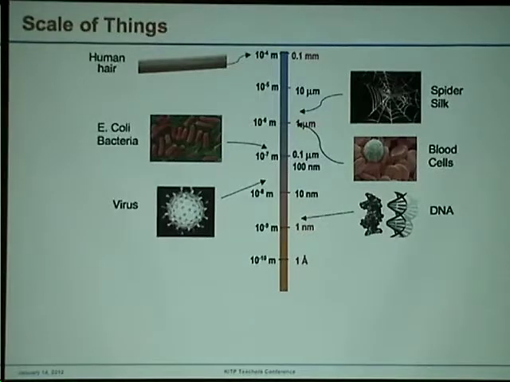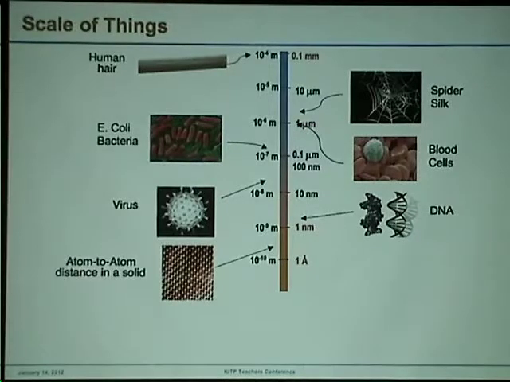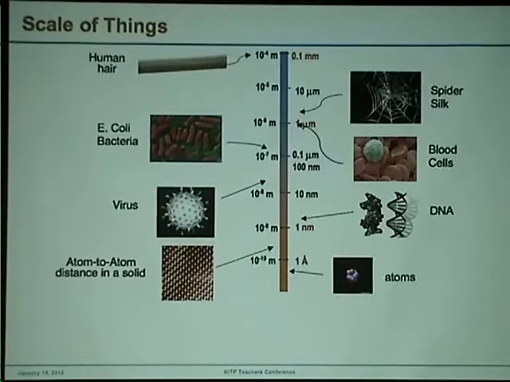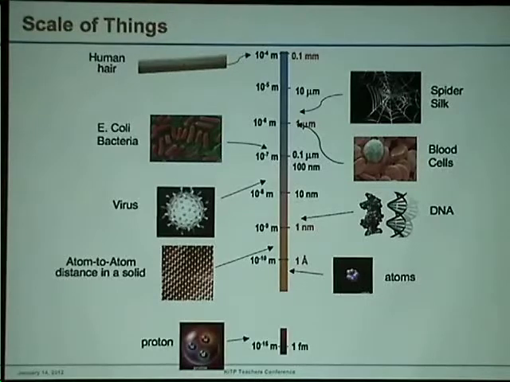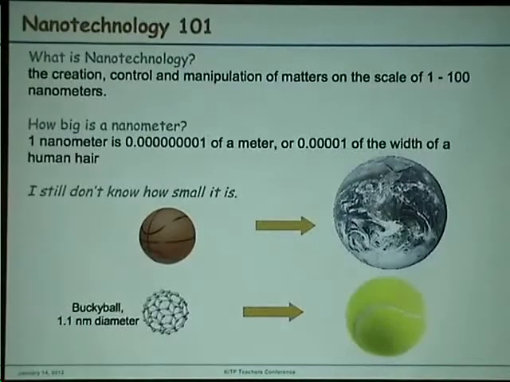DNA is about 2 nanometers in width. Okay, so these are pretty small. And if you consider atom-to-atom distance in solids, it is 0.3 nanometers, so in 1 nanometer you can fit maybe 3 atoms. And atoms, of course, are really, really small. Well, okay, we'll skip the protons, those are the high-energy physics, which we try not to work with.